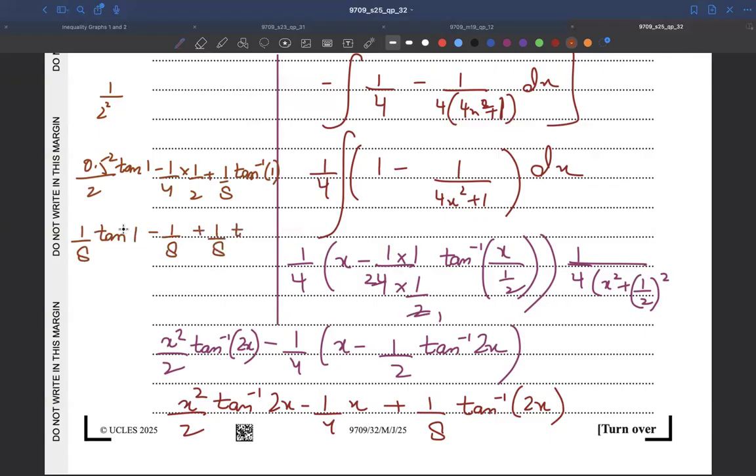So that is tan inverse of 1, and this is also tan inverse of 1 over here as well. So simplifying this in the calculator, shift tan inverse, and we have to keep this in radian mode. So shift tan inverse of 1, that's pi upon 4. So that will become pi upon 32 minus 1 upon 8 plus pi upon 32. So 2 pi upon 32 will be written as pi upon 16. So the final answer will become pi upon 16 minus 1 upon 8.